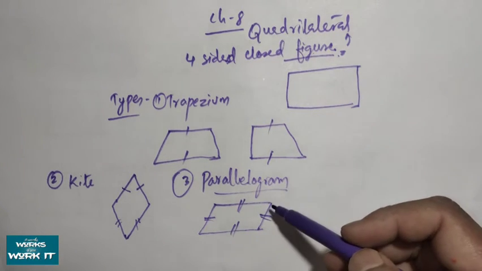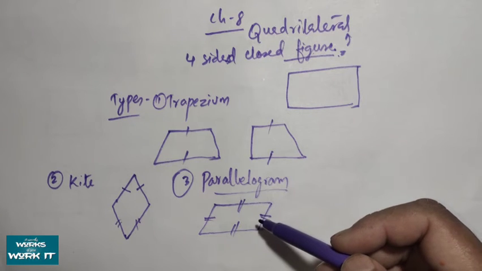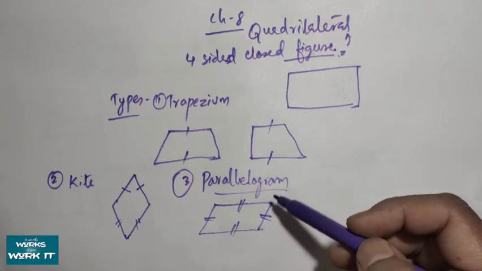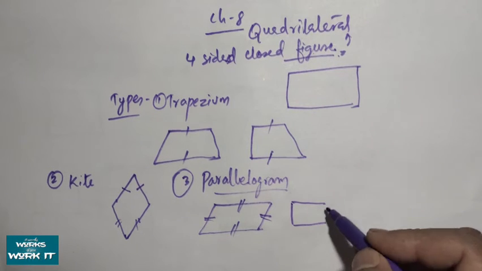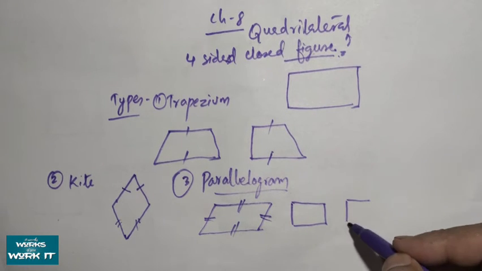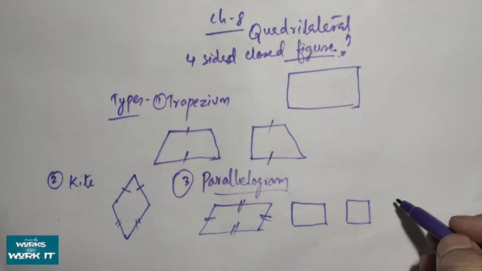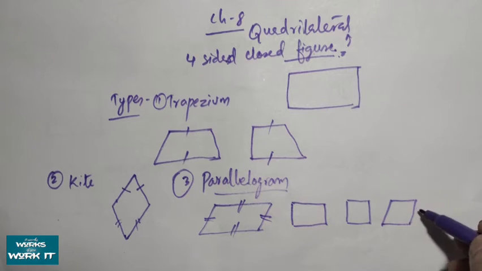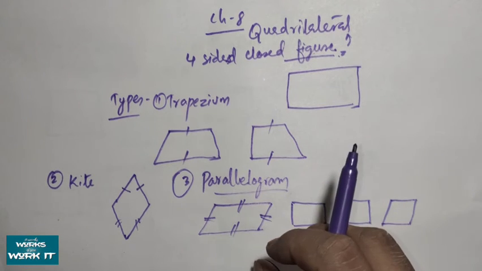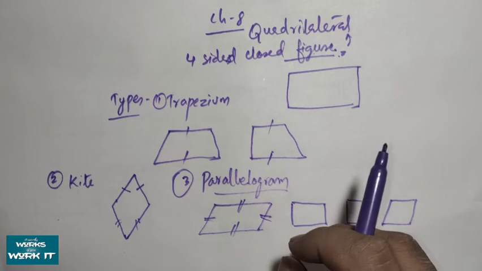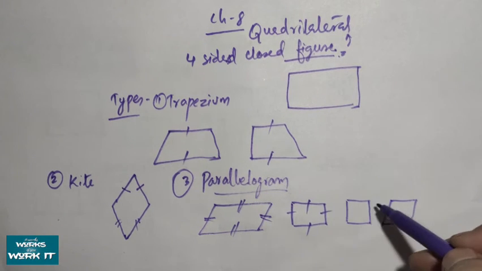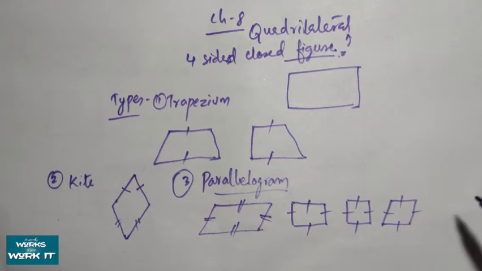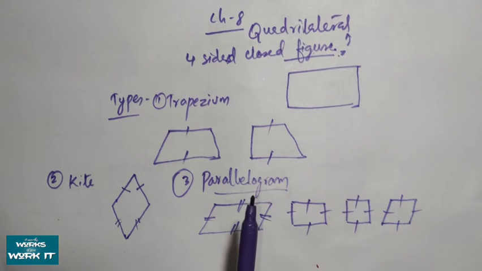So any figure that has two pairs of opposite sides parallel can be called a parallelogram. I can draw anything. Suppose I have drawn a rectangle also, and a square also. These are figures that resemble a parallelogram. We just have to see whether two pairs of opposite sides are parallel or not. Here this one is parallel to this one, and this one and this one. If that is so, it will be named a parallelogram.